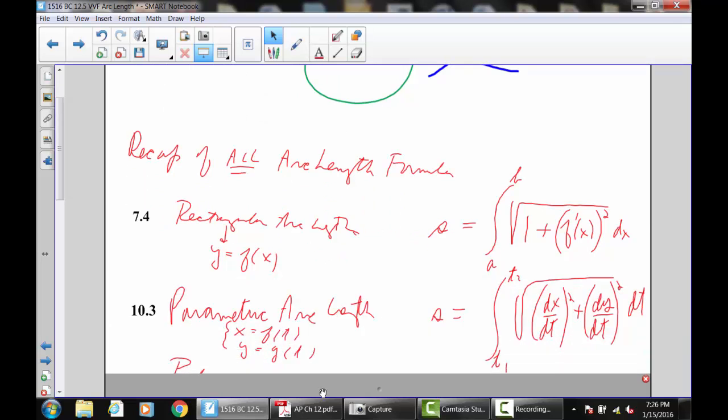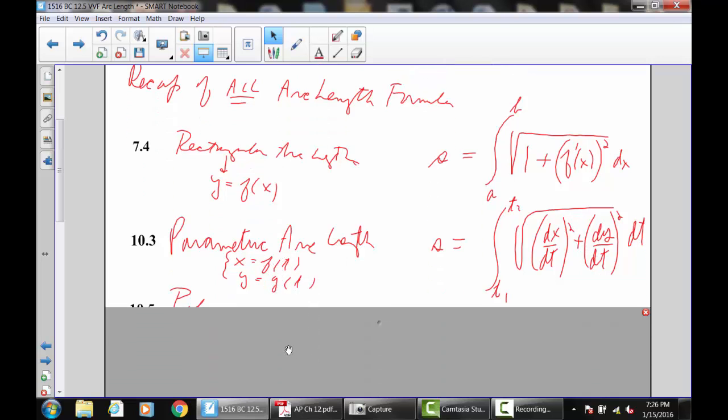In section 10.3, we did parametric arc length. So now we had x equals f of t and y equals g of t. So the arc length was the integral from t1 to t2 of the square root of dx dt squared plus dy dt squared, or of course you could call dx dt f prime of t and dy dt g prime of t.